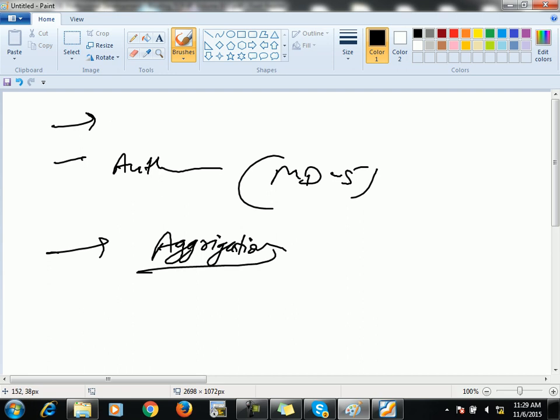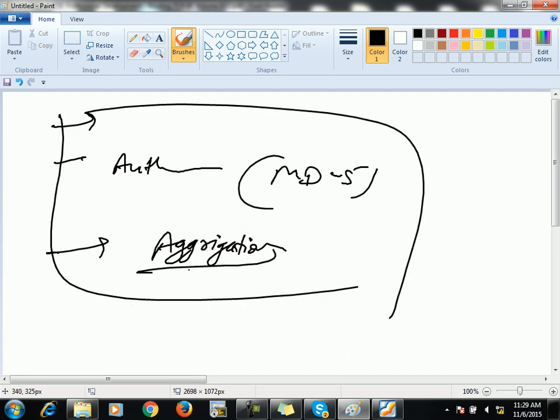So here we can configure authentication and aggregation both. So the basic tasks are the same whether you are configuring IGPs or BGP, like route filtering, authentication, aggregation. All these things will still remain in BGP.